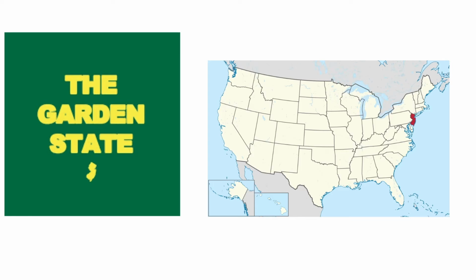So, did you know that New Jersey is lovingly called the Garden State by those that reside there? However, my friends who live out of state negatively call it the armpit of America. Maybe because it's kind of smelly from the pollution from New York City.